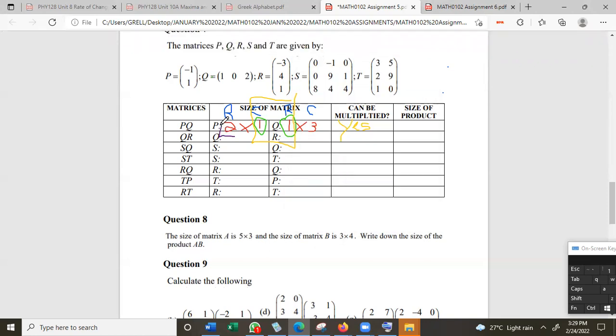This outer number and this outer number will give you the size. So the size will be a 2 by 3.